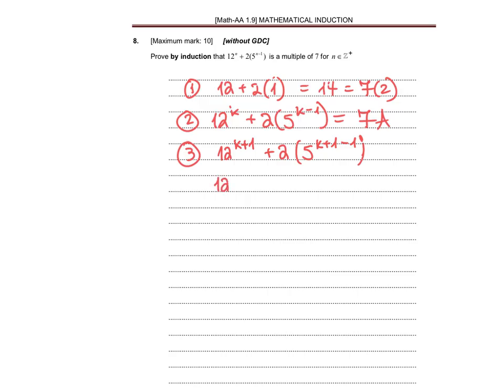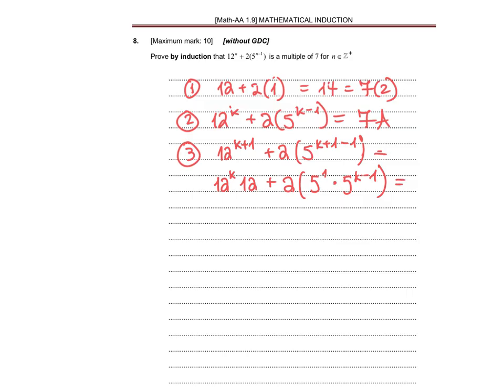So if we separate 12 to the k and 12, and we have 2, and this is like 5, so I'll just rewrite it. This is like 5 to the 1 times 5 to the k minus 1, right? Because you add the exponents.